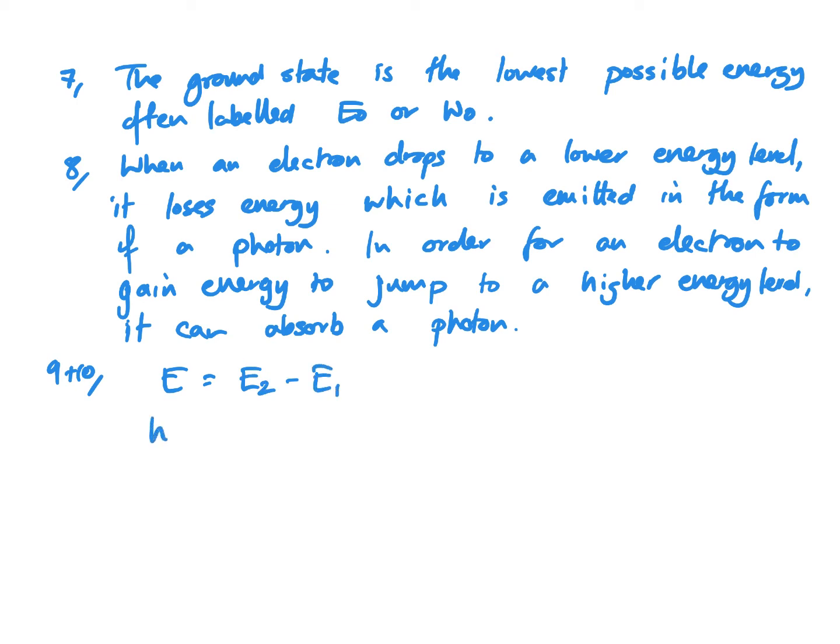But from the previous work we did on photons, we know E is equal to hf for a photon. So hf is equal to E2 minus E1. So the energy of the photon, whether it's absorbed or emitted, hf, is equal to the difference in the energy levels, E2 minus E1.